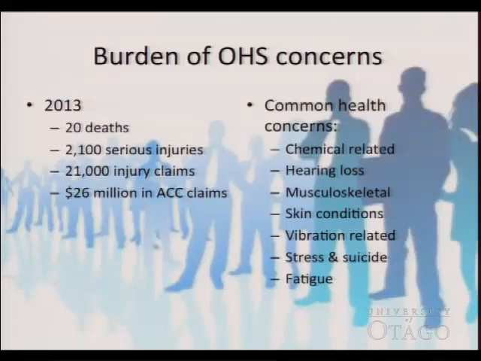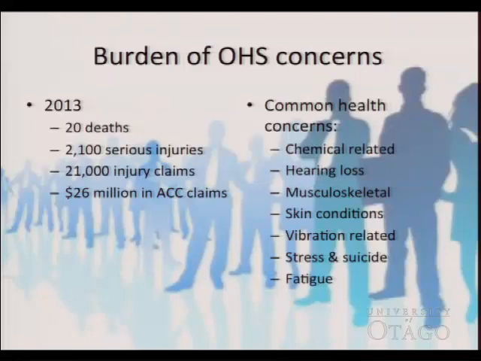Really common health concerns in farmers include things like chemical-related conditions, hearing loss, musculoskeletal disorders and pain, skin conditions mainly from the use of agri-chemicals, vibration-related disorders from the use of hand tools, stress and suicide.